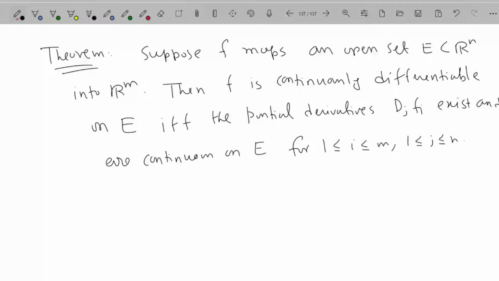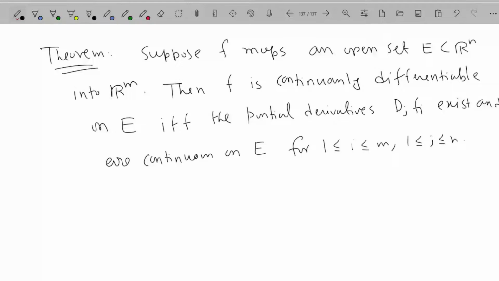Okay, then we have this region. So if we have a function where all the partial derivatives exist and are continuous, then we can easily say that the derivative at each point will exist, and so obviously we can then write the derivative of a function at a particular point.